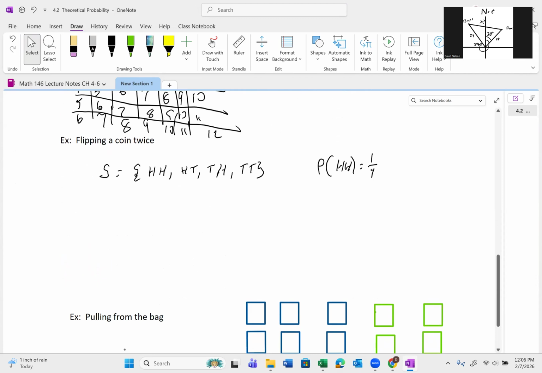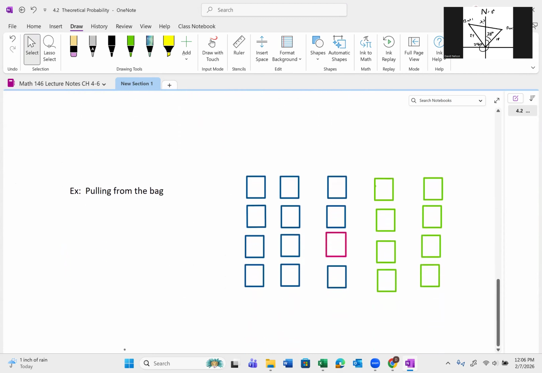All right. We did that thing on Friday, pulling those tiles out of the bag. If you look at the probability of getting the red tile, there is one in there.